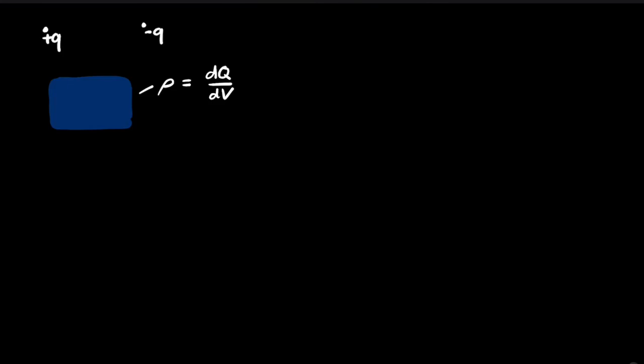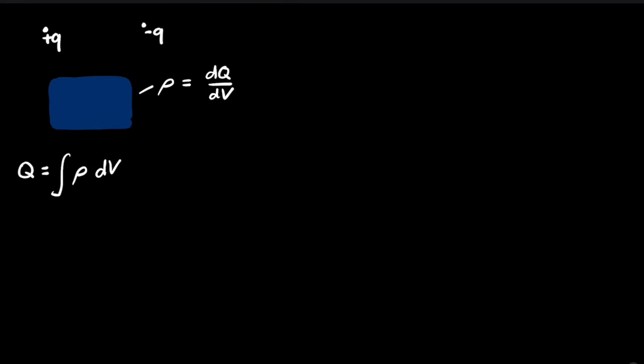So how do we calculate the electric field from that? Well, instead of using this quantity Q right here, we have to express this quantity Q in terms of rho. And you guys can probably see that if you differentiate the charge with respect to volume, then you have to integrate the charge density over the volume to get the total charge Q. So Q is just simply the integral of the charge density over the volume.